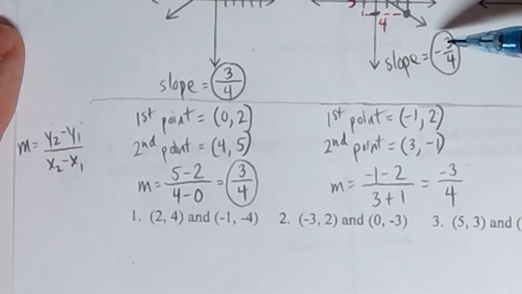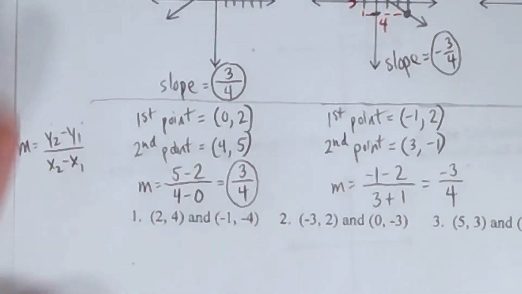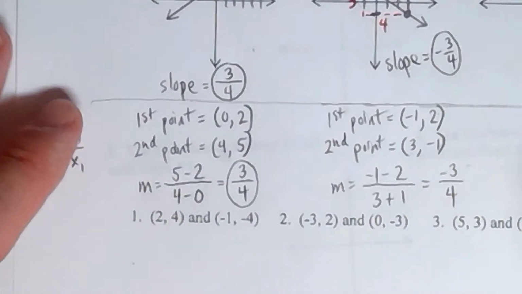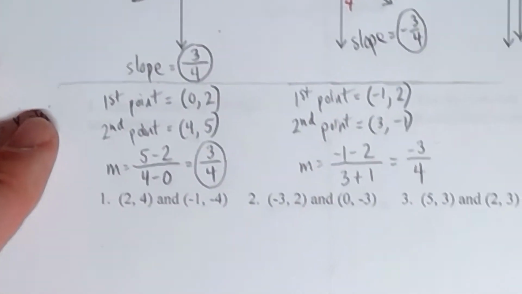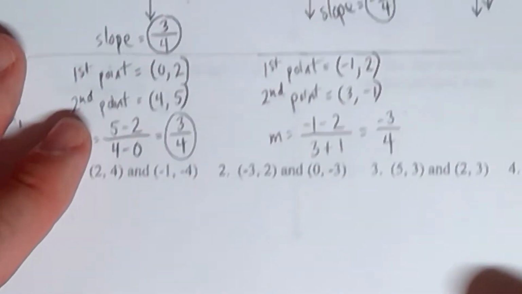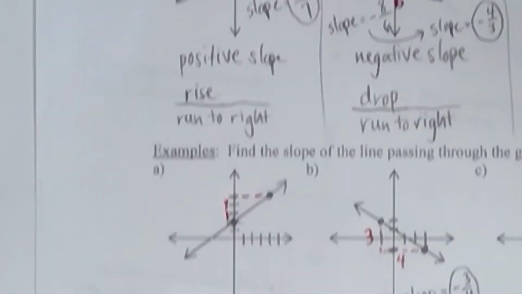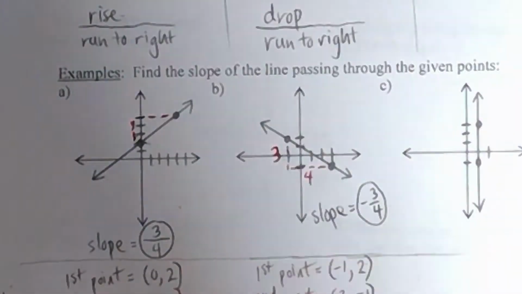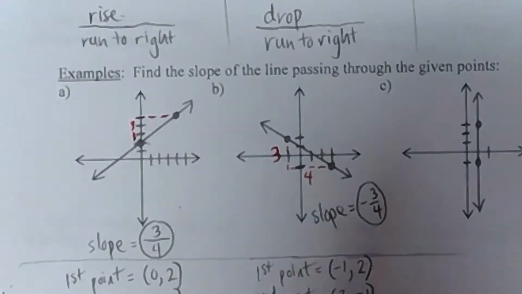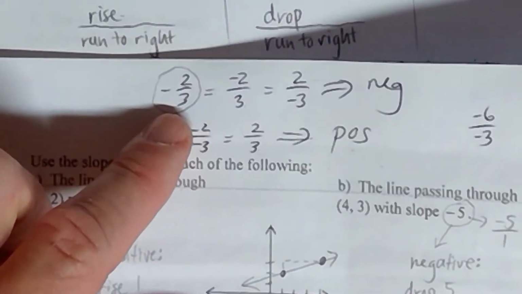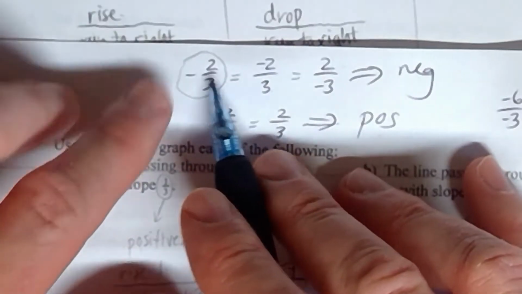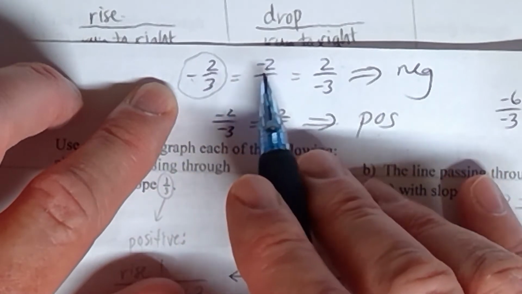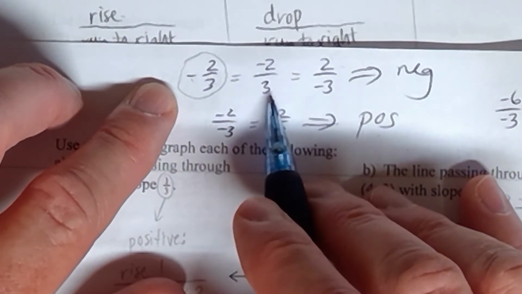You might be wondering, does it matter if the negative is on the outside or on the top? As we have talked about briefly in the past, let me make sure it's clear here. When you have a negative on the outside of a fraction, it's the same thing as having it on the top.